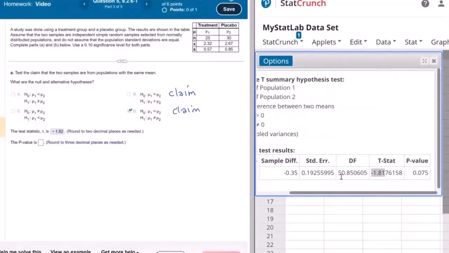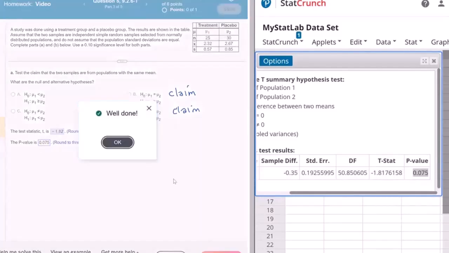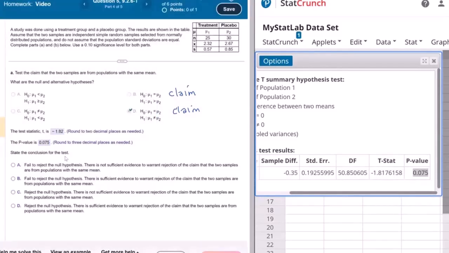And my p-value to 3 decimals. That's my p-value. And now what's our conclusion? We look at our p-value. Is it bigger or smaller than our significance level, which is 0.10? It's definitely smaller.